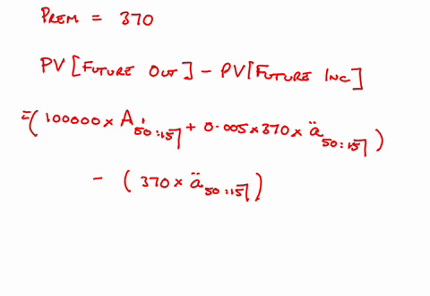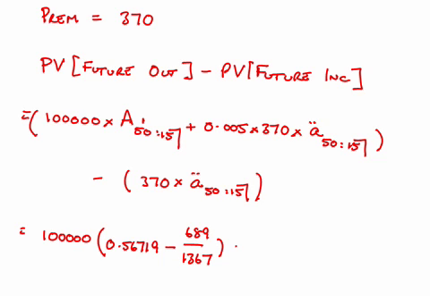If we substitute in the relevant values, making sure that we convert our term assurance into an endowment assurance first, what we find is we have 100,000 multiplied by an endowment assurance to a 50-year-old for a term of 15 years, which is 0.56719, less the D over D. D65 is 689, D50 is 1367, and then we have to add on 0.005 of this 370 less 370.